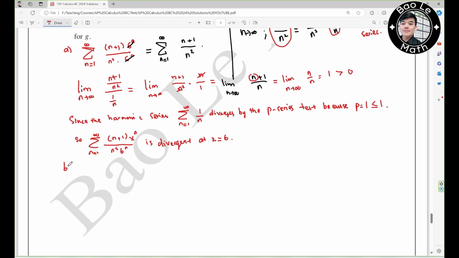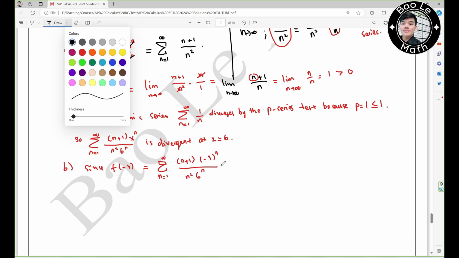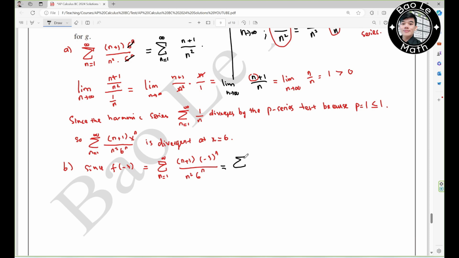So, question B. Since f of negative 3 equals this one, we substitute negative 3 over here, so it's going to be the sum n goes from 1 to infinity n plus 1 times negative 3 to the n over n squared times 6 to the n, equals the sum n goes from 1 to infinity n plus 1 over n squared times negative 1/2 to the n.